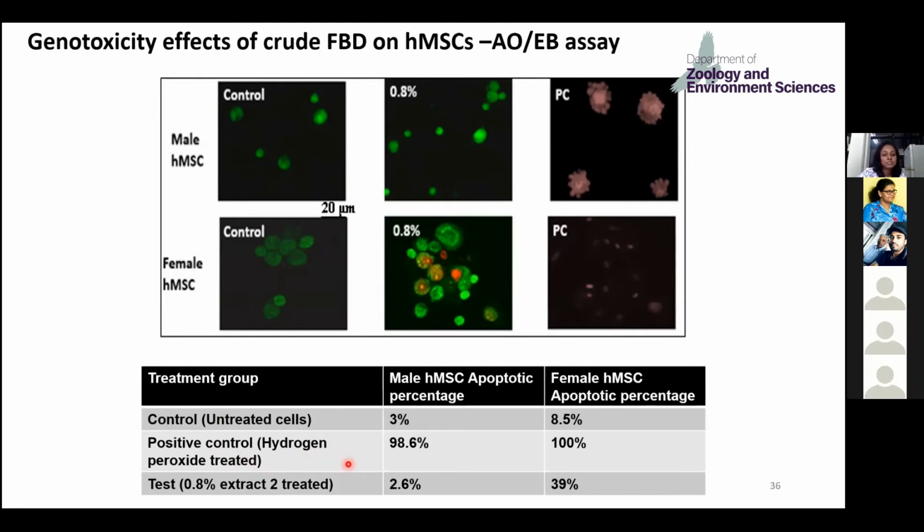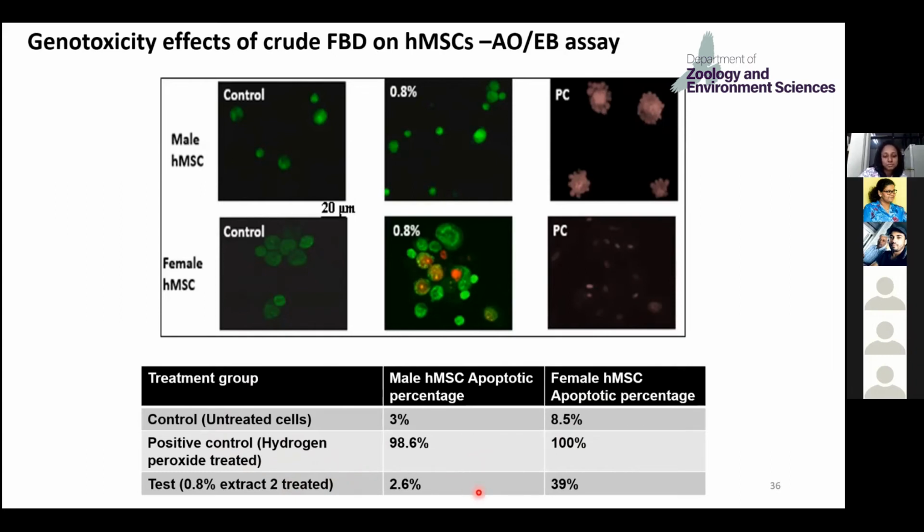For the positive control, where we treated our cells with hydrogen peroxide, there was 98.6% apoptotic percentage, and all the female cells were dead after the hydrogen peroxide treatment. For the test, we used our extract, at the concentration which worked the best.